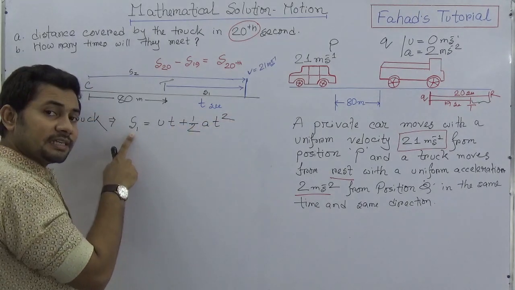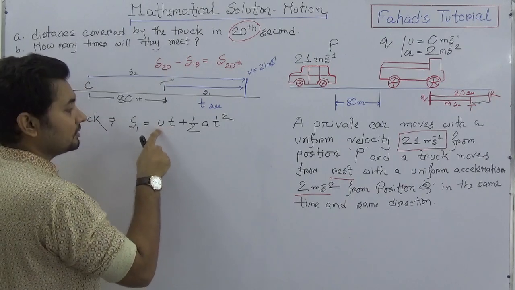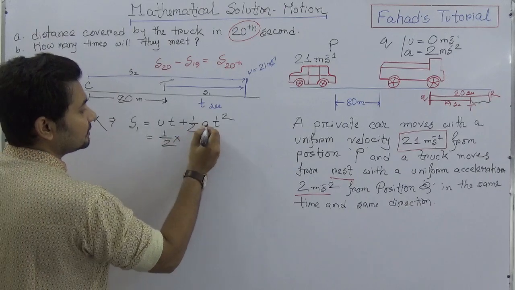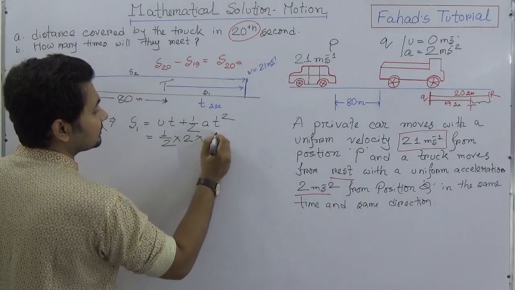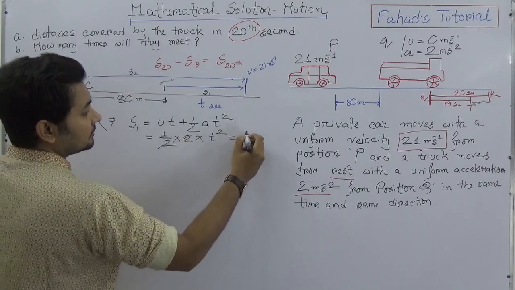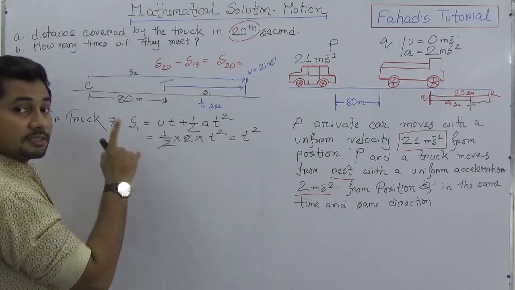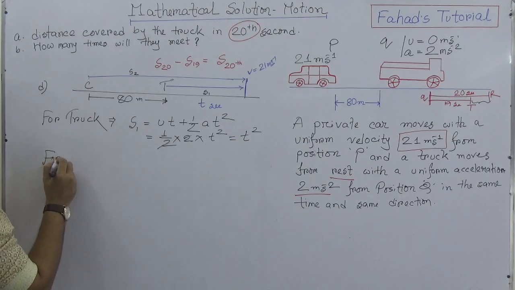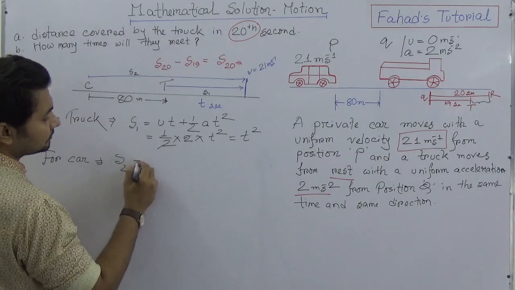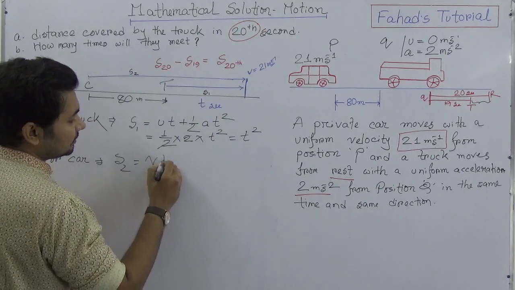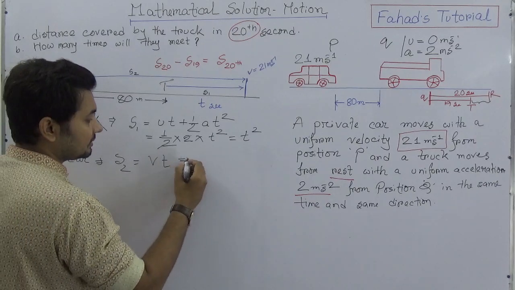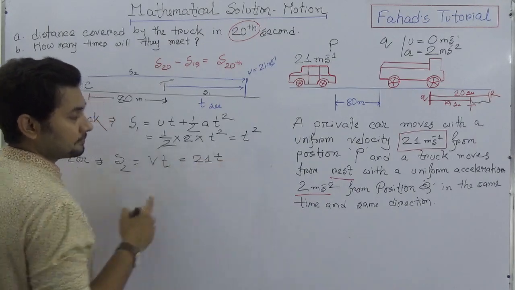I don't know what S is, but I know that u is 0. So S1 is half a t square, and I don't know t either. Now for the car, S2 is vt, because this is uniform velocity. So you can say this is 21t.